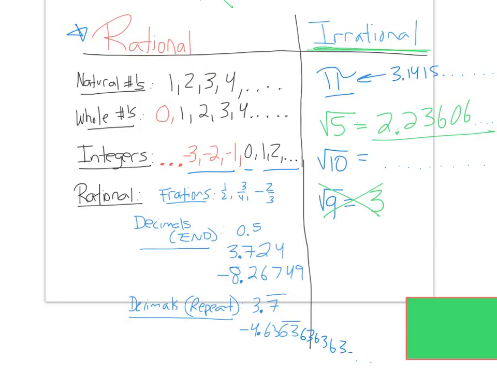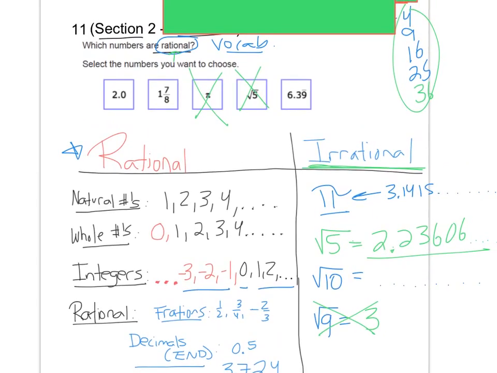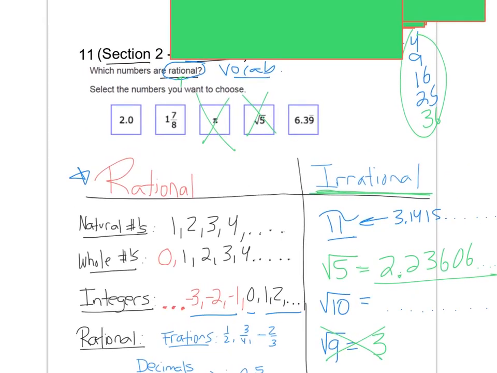The only things that aren't, like we talked about, are pi, because that decimal keeps on going forever, and square roots of numbers that aren't perfect squares. Because if you type the square root on your calculator, you'll see that it's a decimal, and you may or may not know this, the calculator looks like the decimal ends, but it actually doesn't. It continues on forever and ever and ever. So as long as you know what an irrational number is, I suppose you can just logically say that all of the other things are rational.